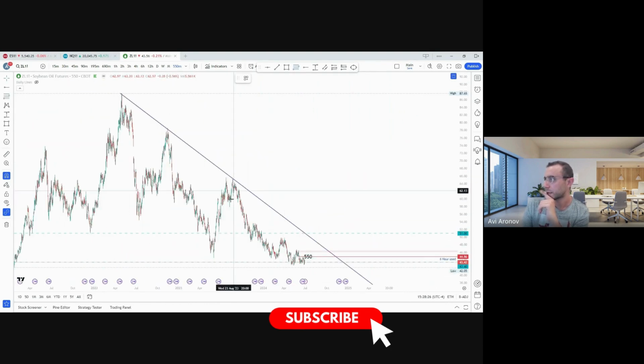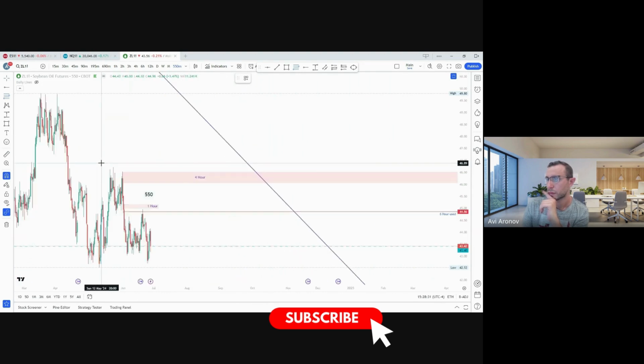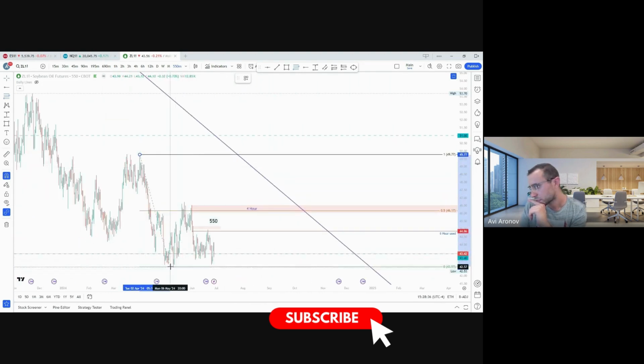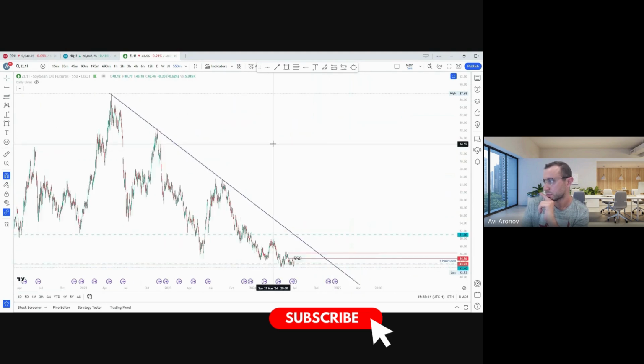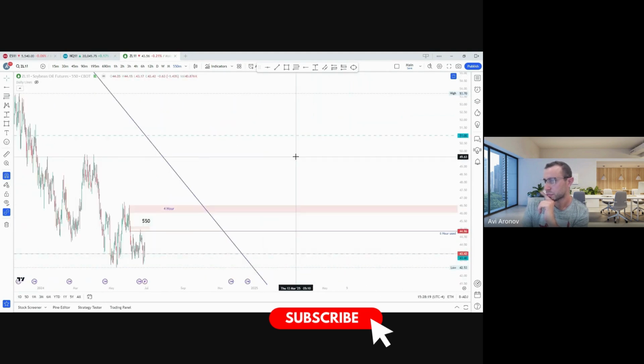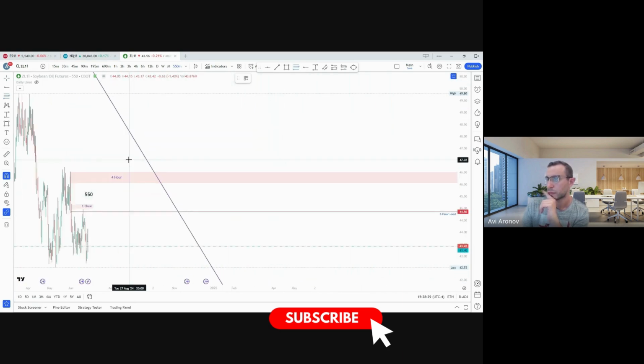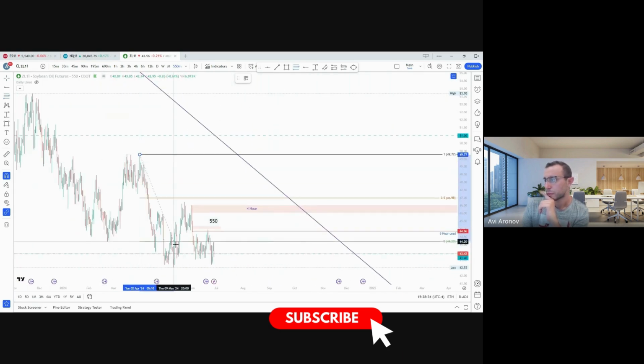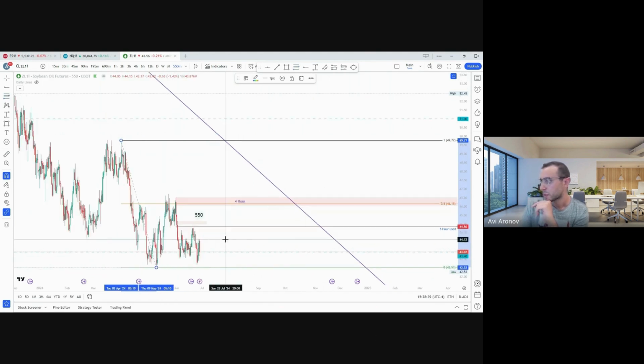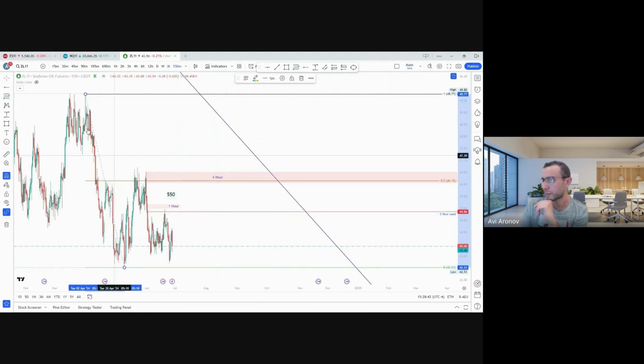Let's see something. So I do see that there is a 50% Fibonacci retracement in that 4 hour zone, which is very good to see, because you can see here it's respected multiple times.